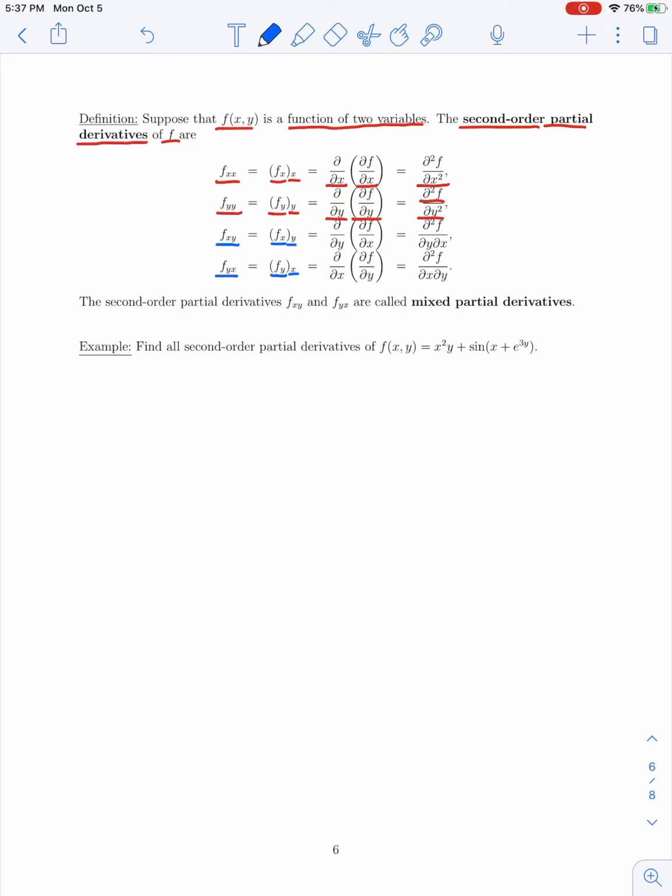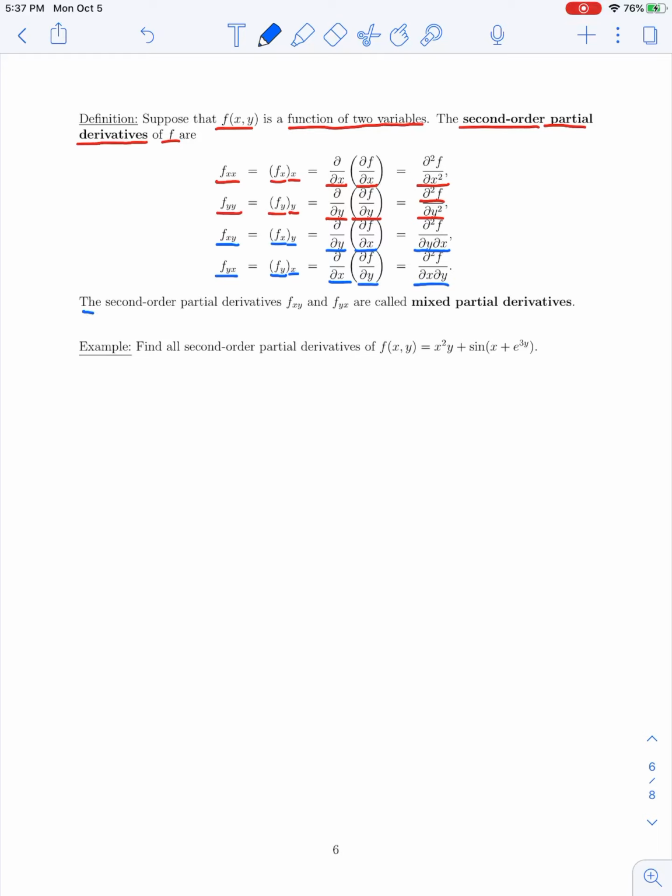Or using the Leibniz notation, we would have the partial derivative with respect to y of the partial derivative of f with respect to x, which would be denoted as del squared f over del y del x. Or similarly for f sub yx, that would be the partial derivative with respect to x of the partial derivative of f with respect to y, or del squared f over del x del y.